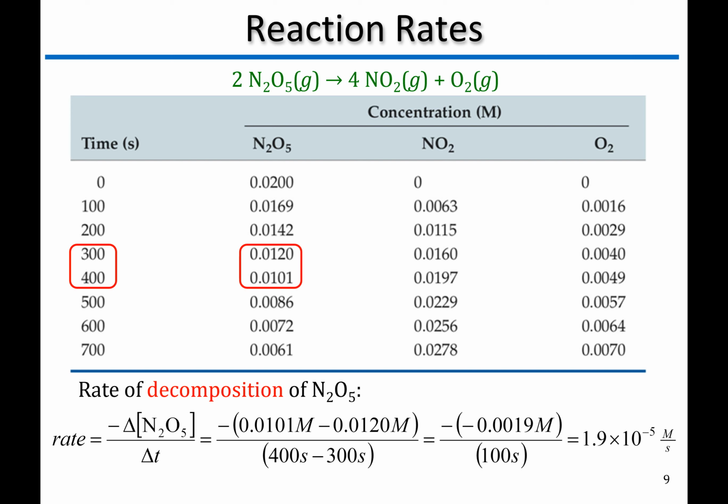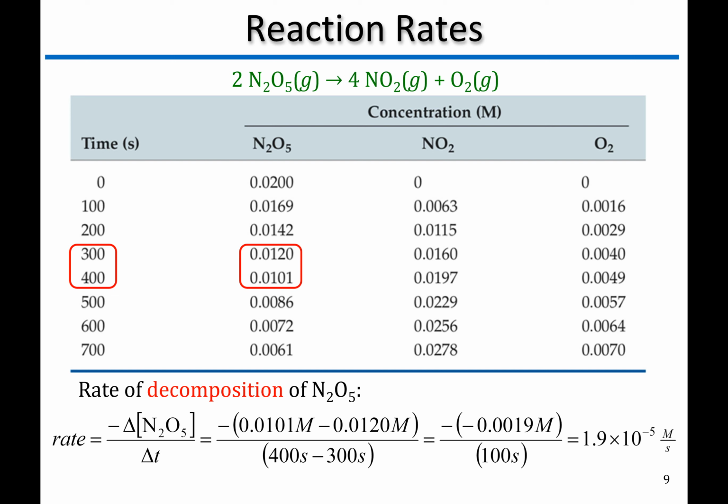If I take a look at that, it will tell me the reaction rate at that particular moment during the reaction. So here we have an example going from 300 seconds to 400 seconds, and my concentration changes from 0.0120 to 0.0101.